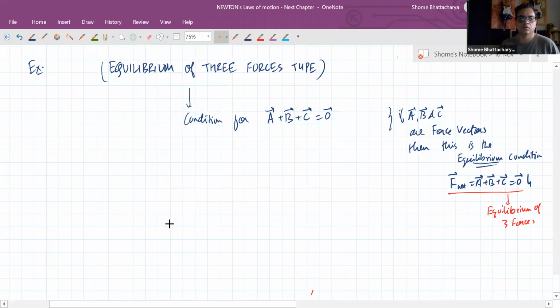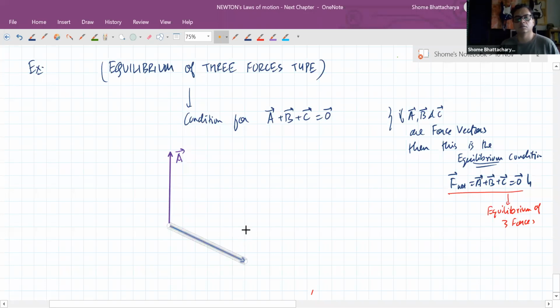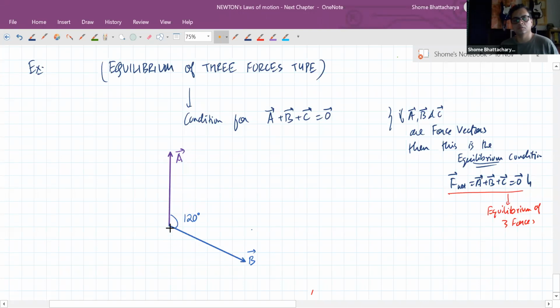So in my example, this is, let us say, vector A. This is, let us say, vector B, and this angle is, let us say, 120 degrees, and this is vector C, where this angle is 150 degrees.